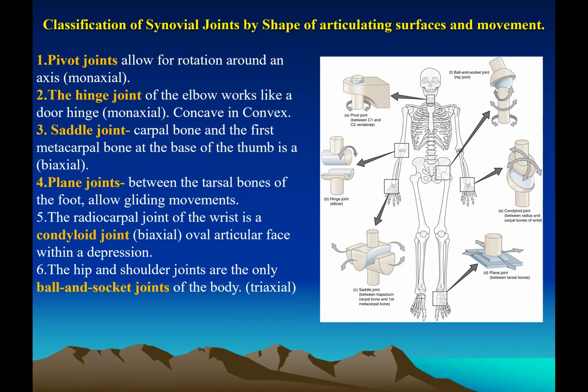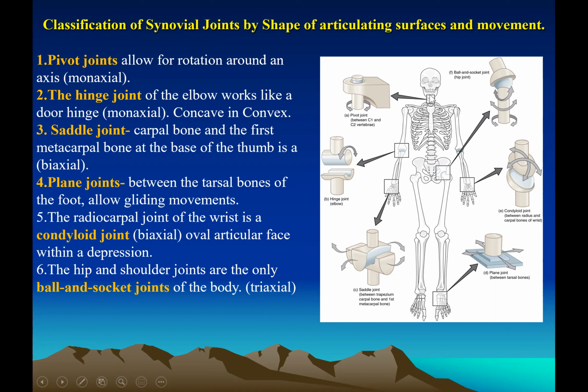Classification of synovial joints depends on the shape of the articulating surfaces and the amount of movement they allow. For example, take the pivot joint. In your cervical spine, between C1 and C2, your atlas and axis, is a pivot joint.